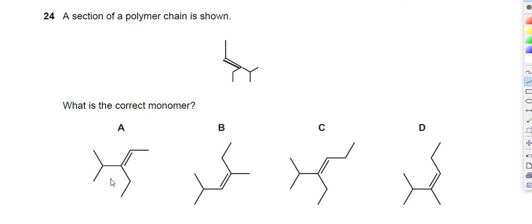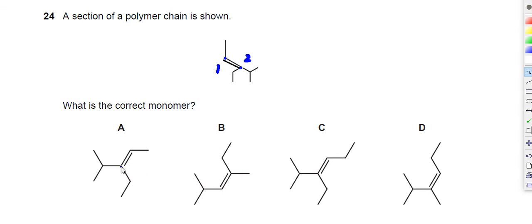Let's check which answer is the correct one. So I have these two carbons sharing the double bond, these two. Now, one carbon, carbon number 1, is bonded to a CH3.